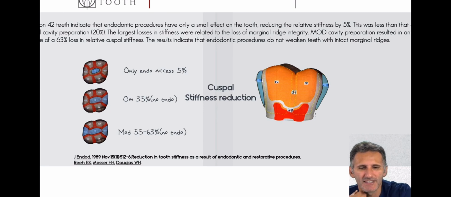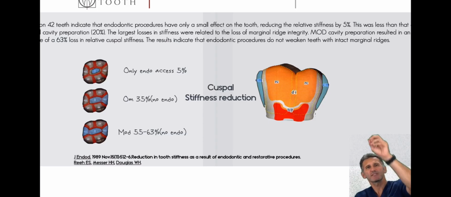The largest losses in stiffness were related to the loss of marginal ridge integrity. MOD cavity preparation resulted in an average of a 63% loss in relative cuspal stiffness. The results indicate that endodontic procedures do not weaken teeth with intact marginal ridges.